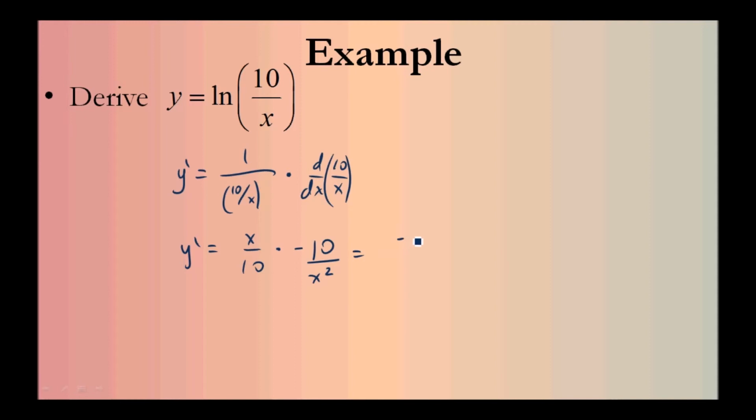This can be multiplied out as negative 10x divided by 10x squared. Some simplification can occur, giving us the result of negative 1 over x. Also can be written as negative x to the negative 1, but this can become complex with multiple negative signs, and this is an equally useful form.